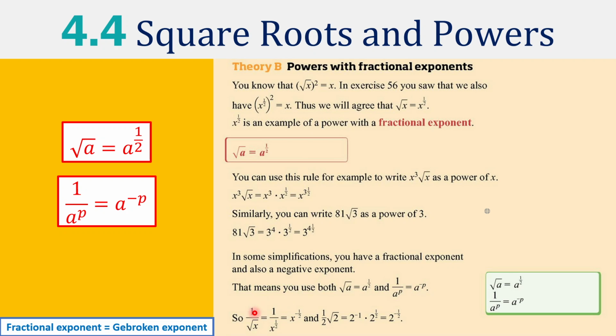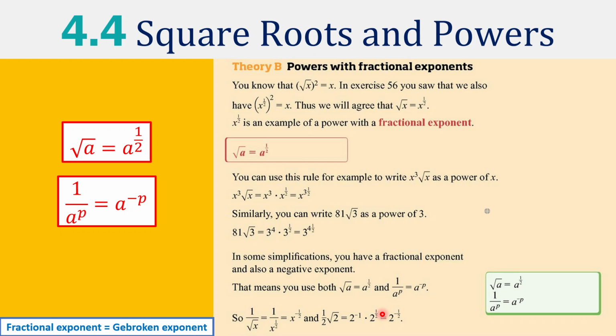So 1 divided by the root of x is the same as 1 divided by x to the power of a half, and that's the same as x to the power of minus a half. A half root 2, a half can be written as 2 to the power of minus 1, times the root of 2 can be written as 2 to the power of a half. Adding the exponents gives me 2 to the power of minus a half.